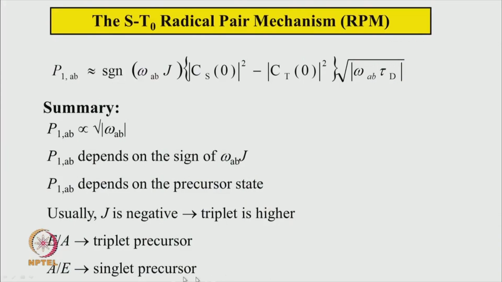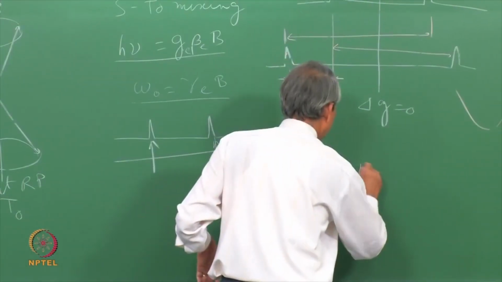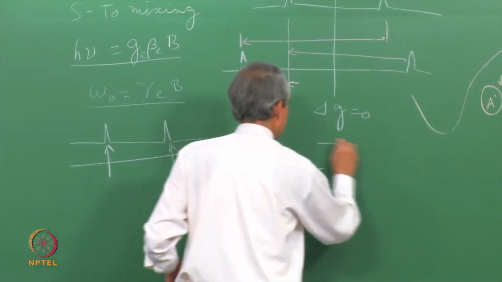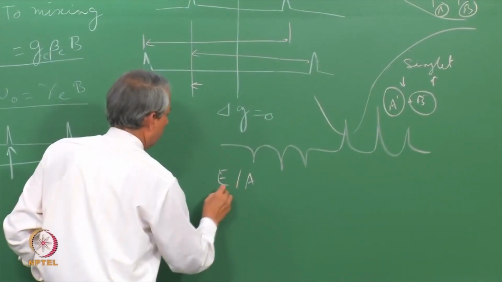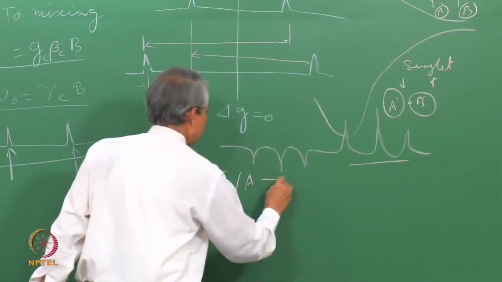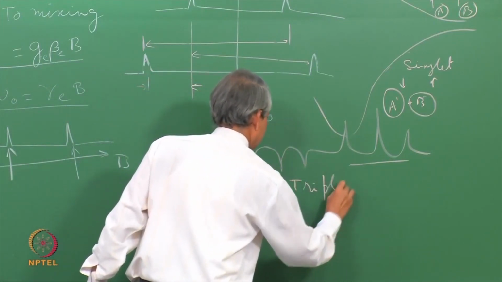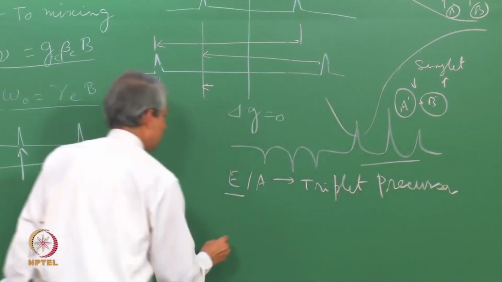Ultimately, the precursor state decides the sign in exactly opposite fashion. If the triplet is reacting, the spectrum will look like EA type: the low field lines are emissive and the high field lines are absorptive. This is for the triplet precursor.